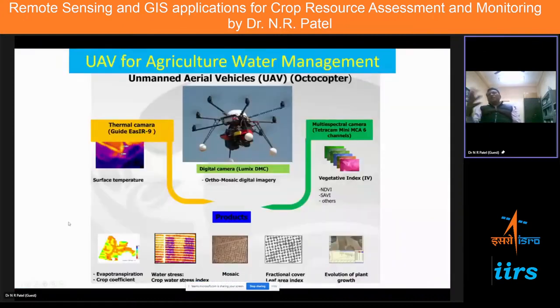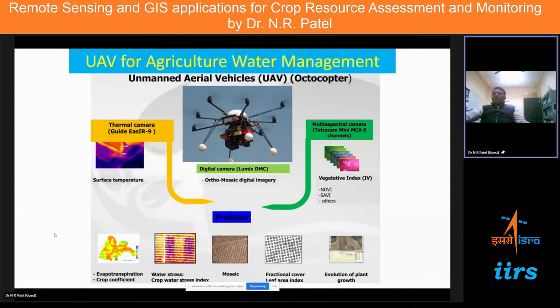So UAV, nowadays we are talking about the unmanned aerial vehicle, or drone. This drone has been a game changer. Now the government of India is pushing drone technology to monitor crop growth, to map different land records, for predictive analytics of yield, crop insurance activities, name any activity, precision farming.